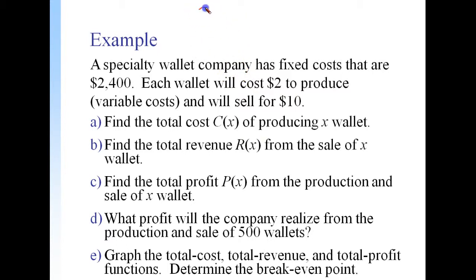So our cost of X will be, when we go to make one, we have to spend $2 for each item. This is the number of items we're going to make. And this is our variable cost. And then the fixed cost are $2,400.